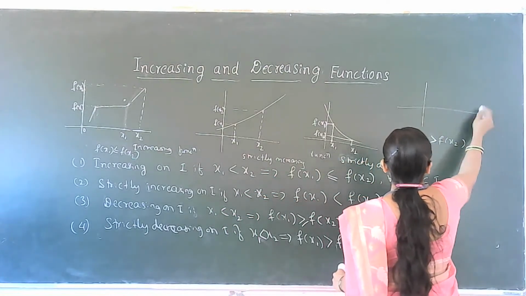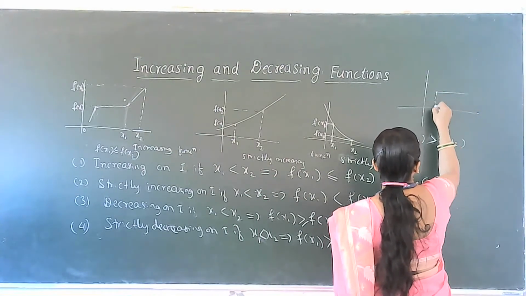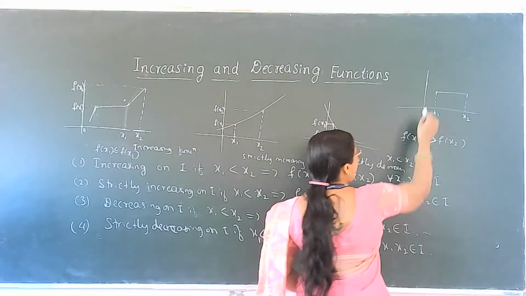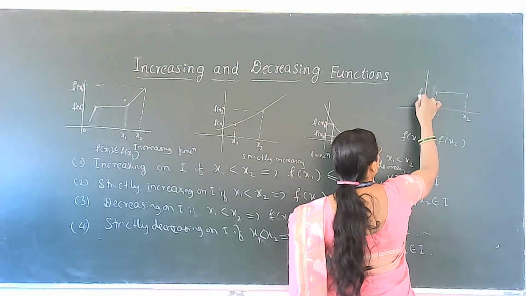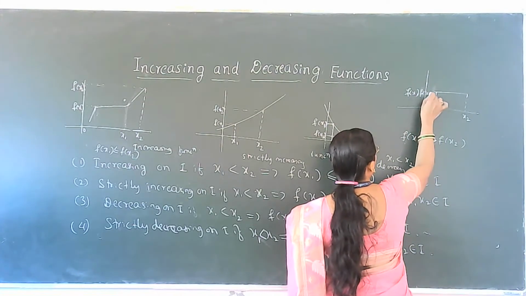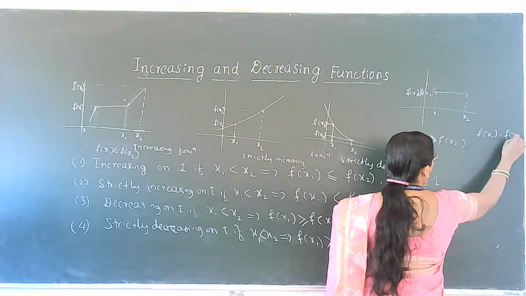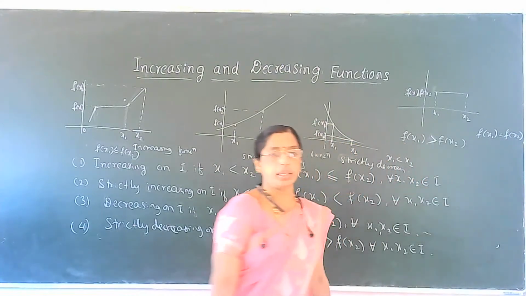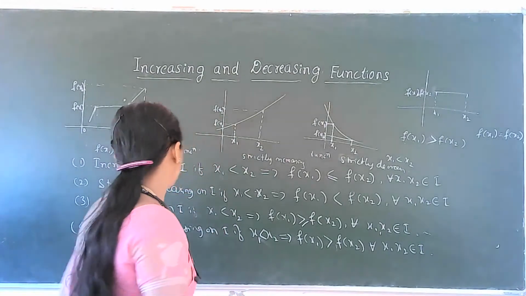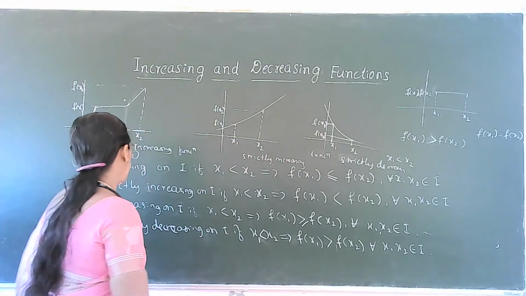In the same way, you can draw a graph like this. Here it is x1, here it is x2, and f of x1 and f of x2 are equal. This function is a constant function, where f of x1 is equal to f of x2.